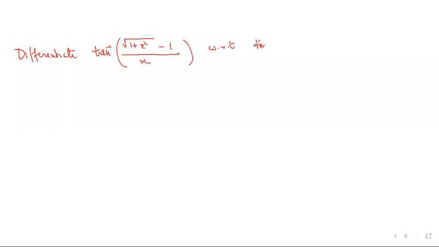The last question for the day. Differentiate tan inverse of root of 1 plus x square minus 1 upon x with respect to tan inverse of 2x root 1 minus x square divided by 1 minus 2x square.